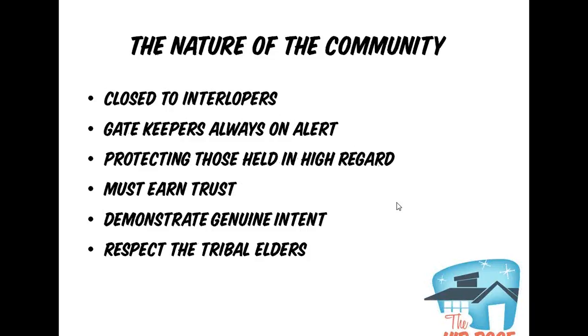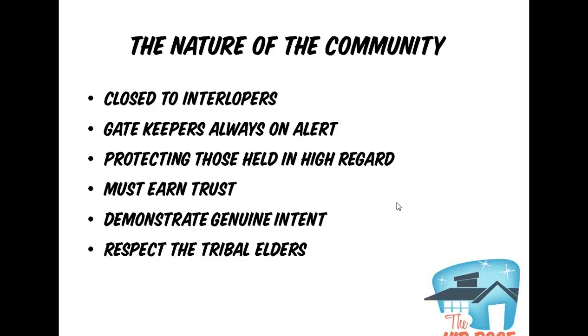Oh, goodness. Okay. So the nature of the community is that it tends to push away interlopers. As you establish your own network of friends and everybody is trusted and knows each other, they tend to be protective, like the gatekeeper's always on alert.